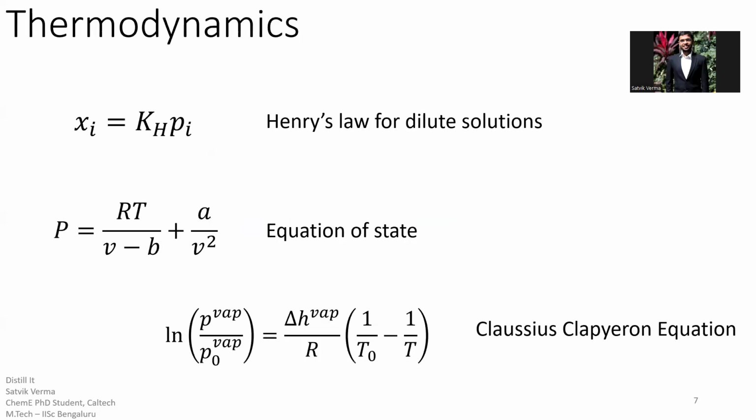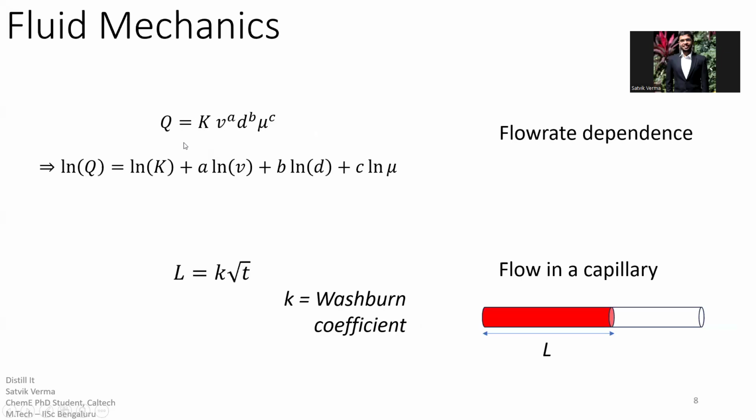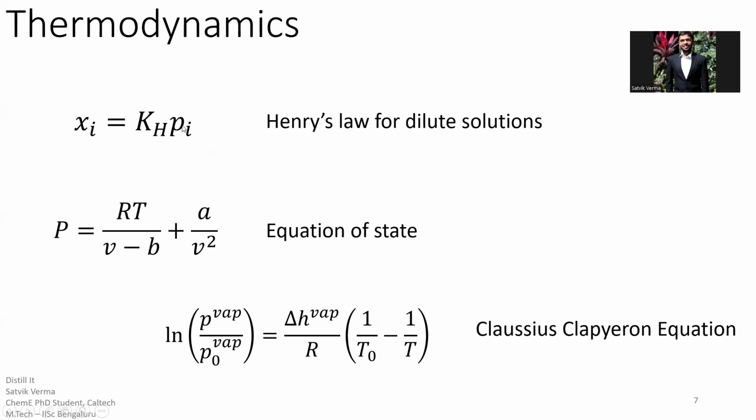Then we also find these applications in thermodynamics. So for example, there is Henry's law. Henry's law relates the partial pressure of a gas to its solubility in the liquid phase. So if a liquid and a gas are in equilibrium with each other, the solubility is proportional to the partial pressure of the gas in the vapor phase.